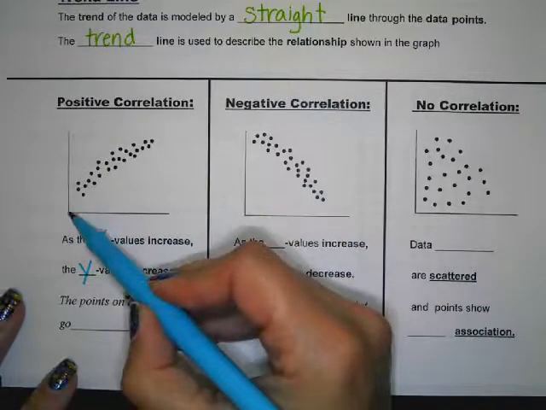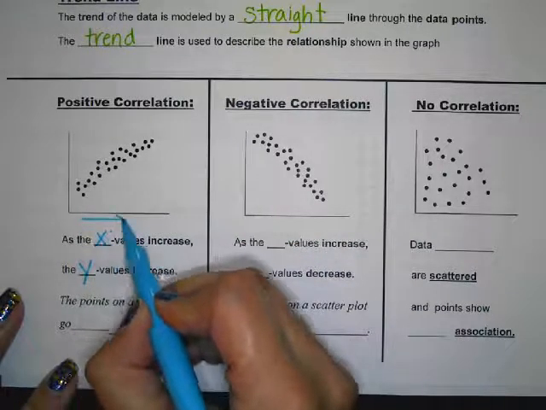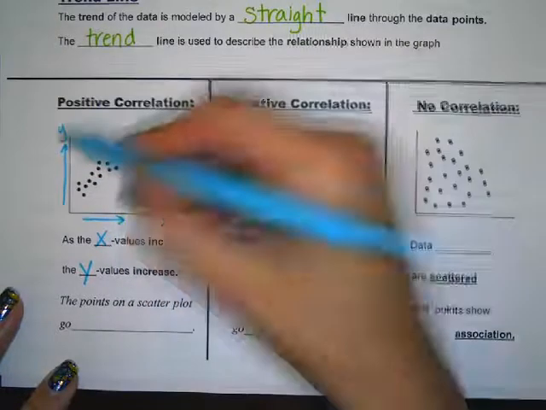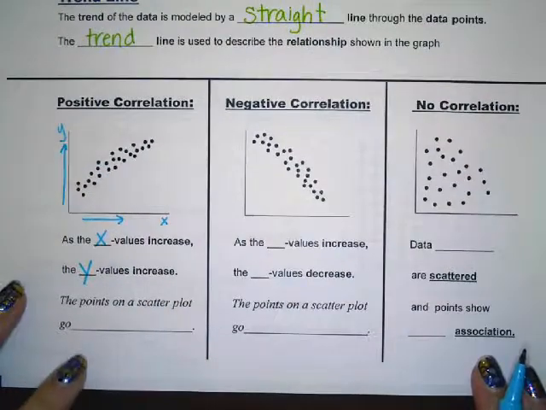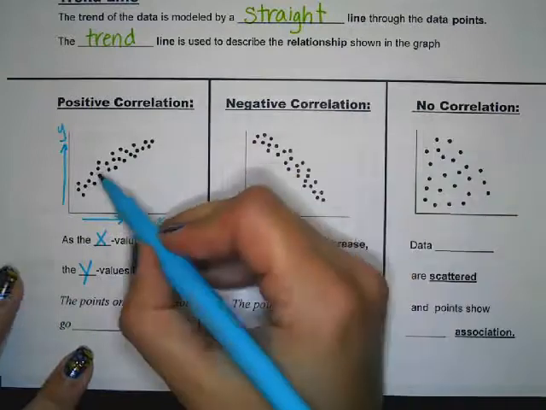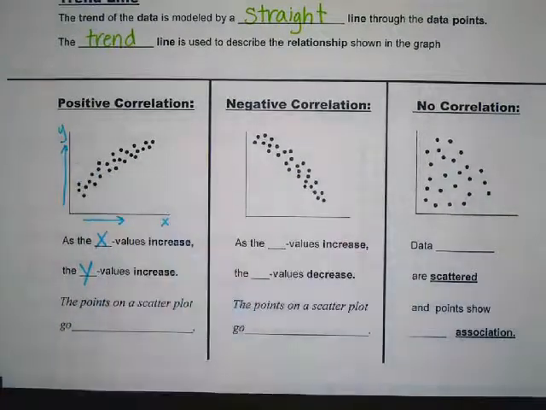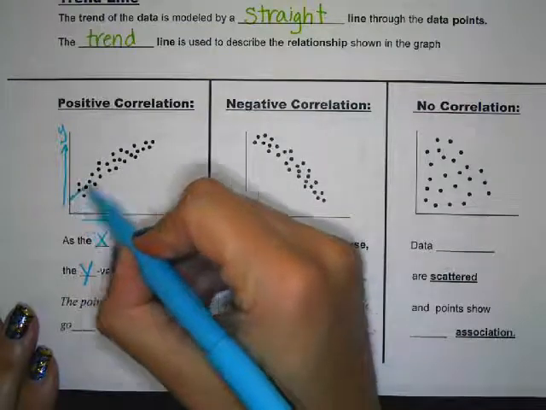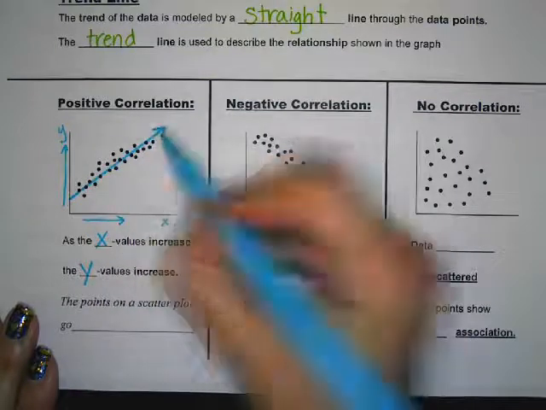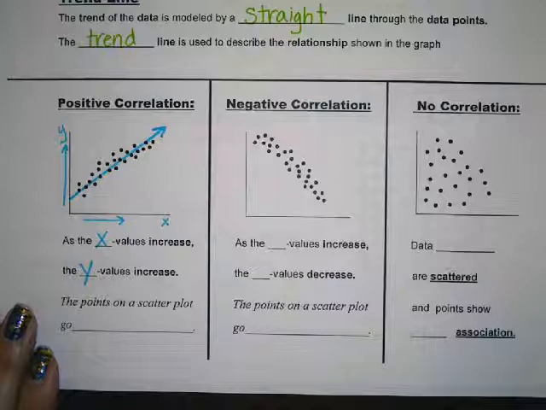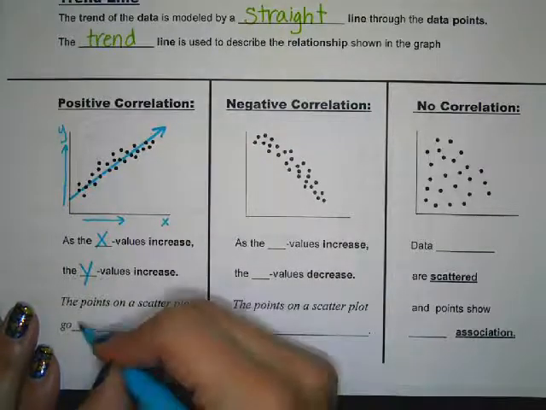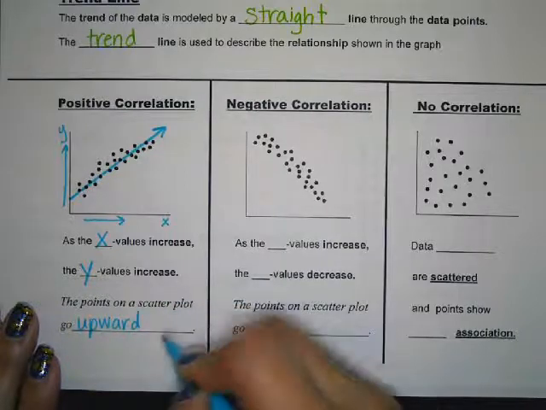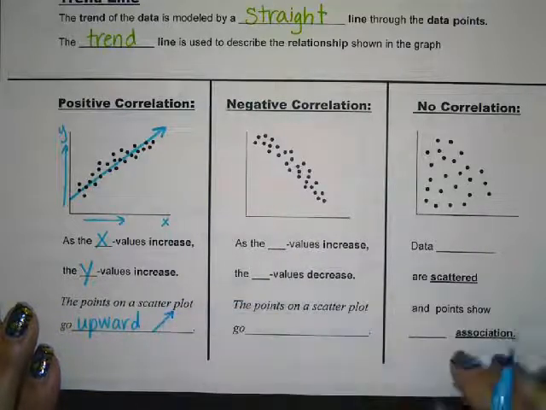So as we go further this way for our x values, the y values increase this way. Our trend line, if we drew the best fit line here, goes up. It's a positive correlation, like a positive slope, so it's going to go upward, just like a positive slope.